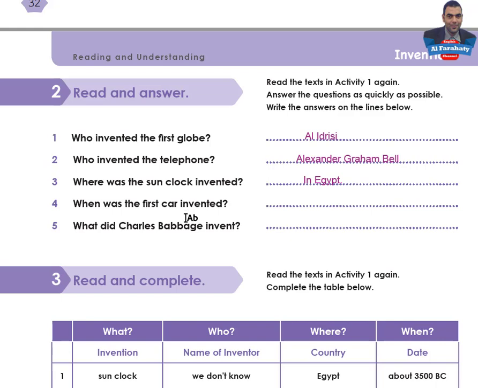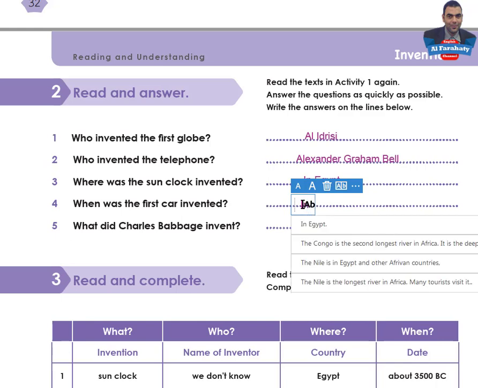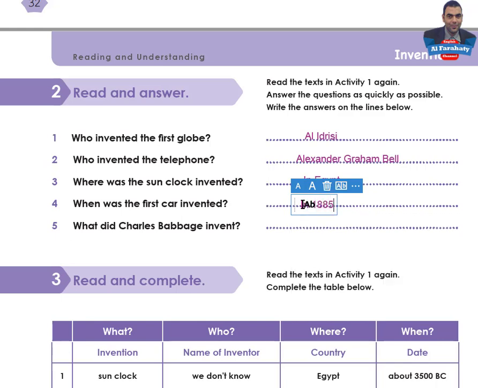The keyword here is car. When? In 1885. Question 5. What did Charles Babbage invent? The keywords here, Charles Babbage. Yeah, the computer.